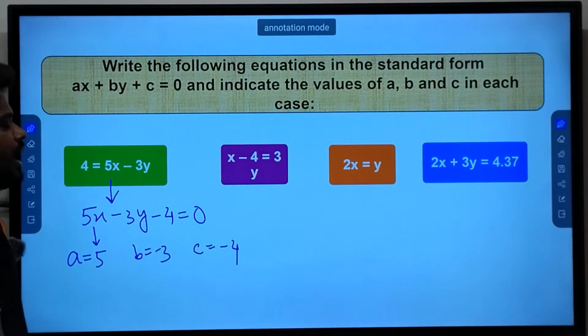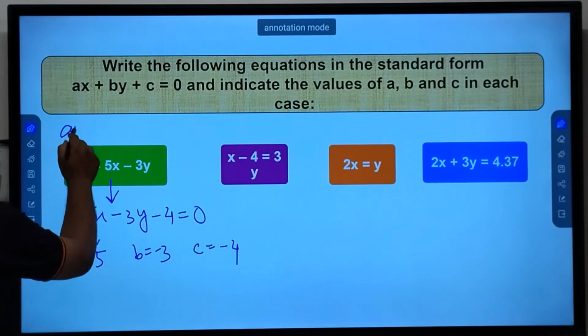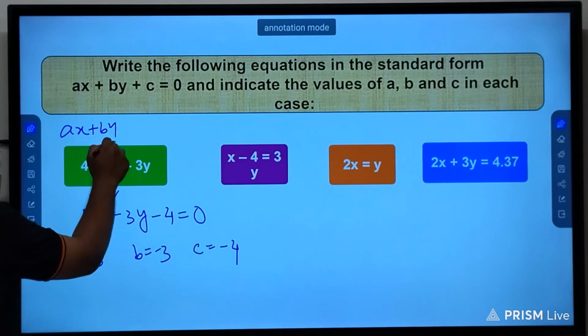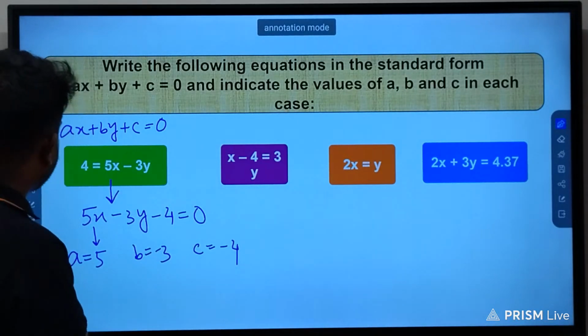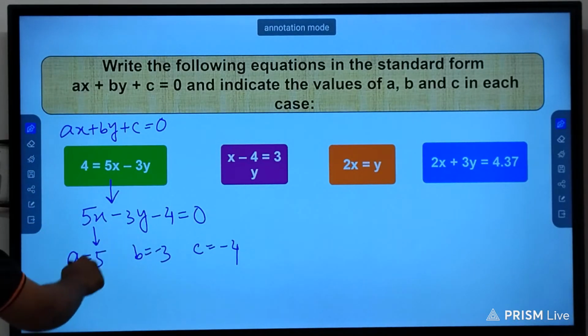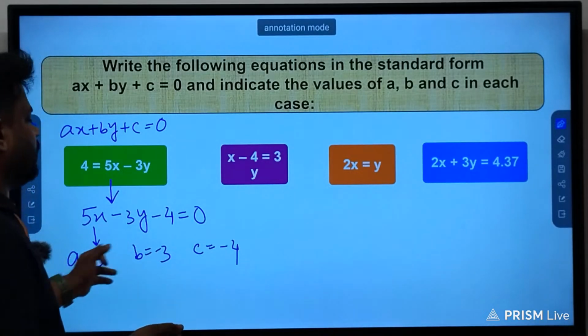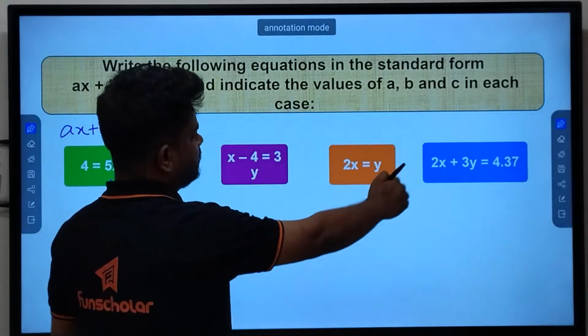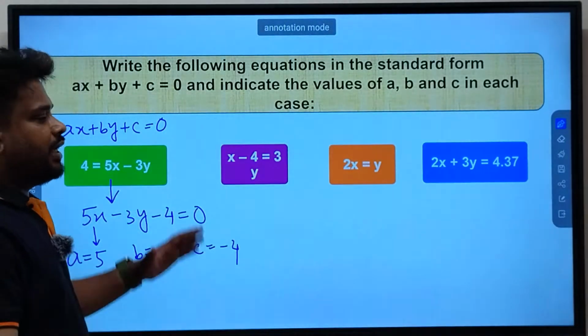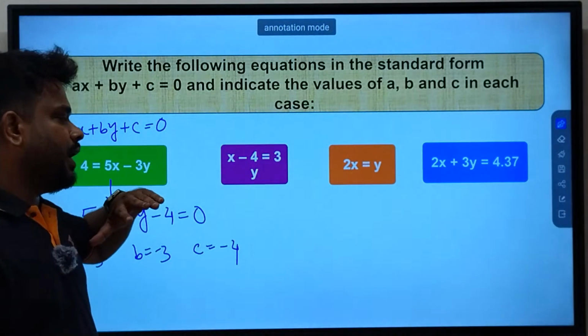The complete equation represents these equations, and the conditions are that a and b are not equal to 0. Obviously they are not equal to 0. The same process can be followed for all the equations. You can try it at home.